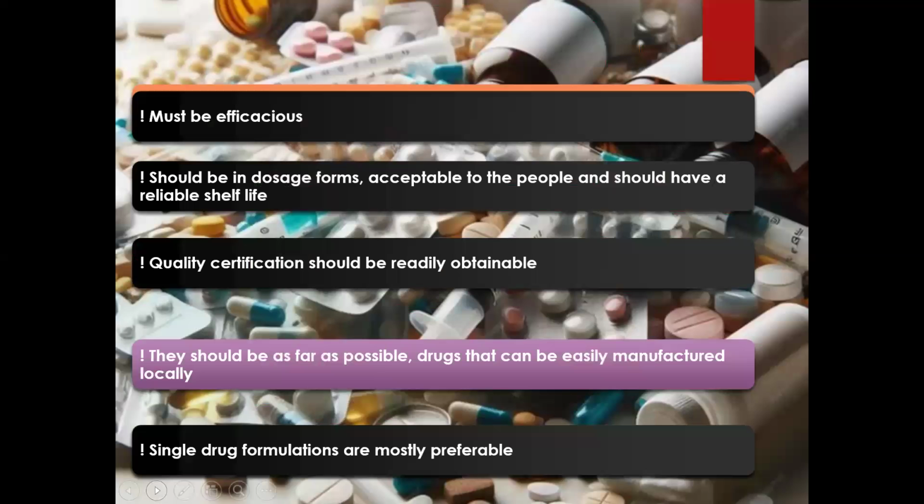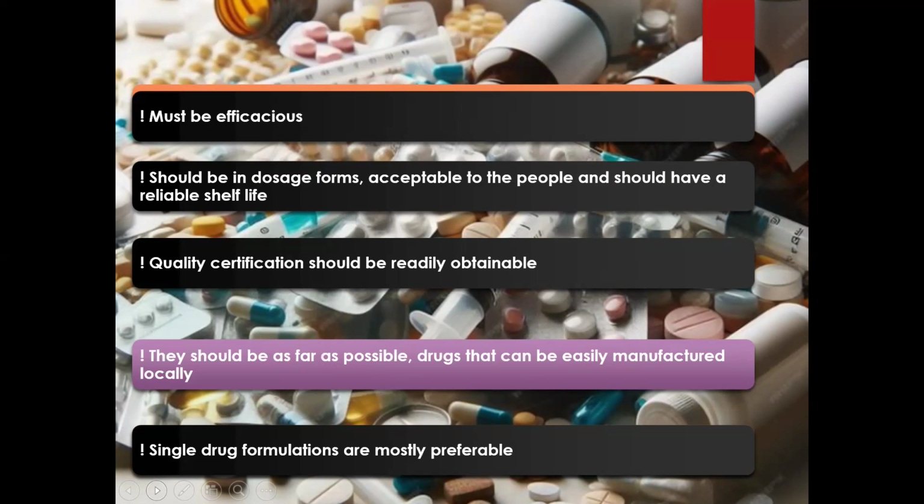Now, efficacy refers to the ability of a drug to provide the intended therapeutic effect. When we talk about efficacy, we're looking at the ability of that drug to treat that condition. If a drug does not fulfill this purpose, then the drug is not efficacious.